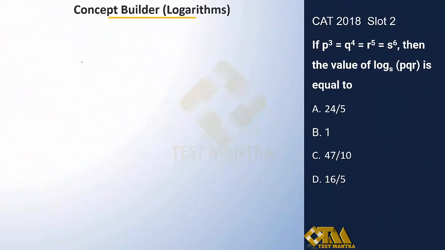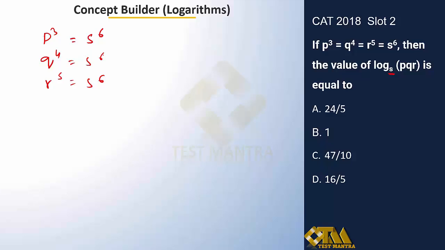Sometimes they ask very easy questions also, so I can see, if p cube is equal to s6, similarly q raised to 4 is also s6, r raised to 5 is s6. So why I'm writing in terms of s6, or else s, because my base here is nothing but s.